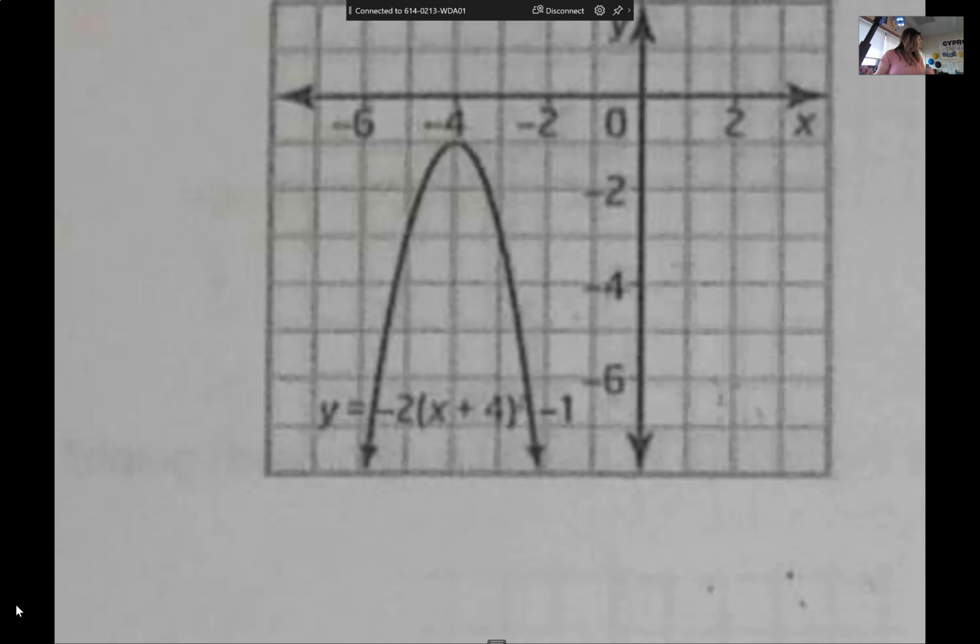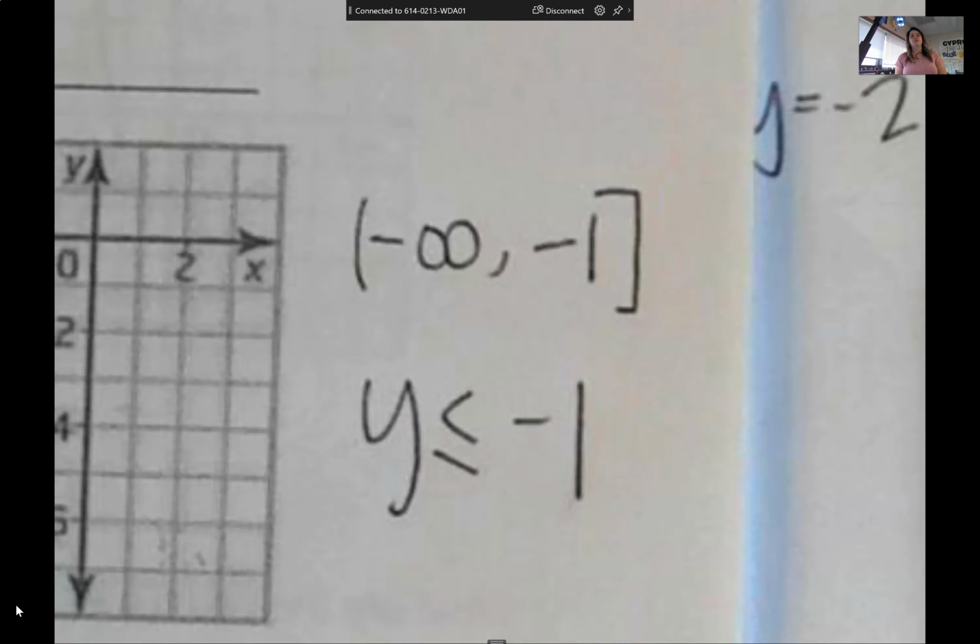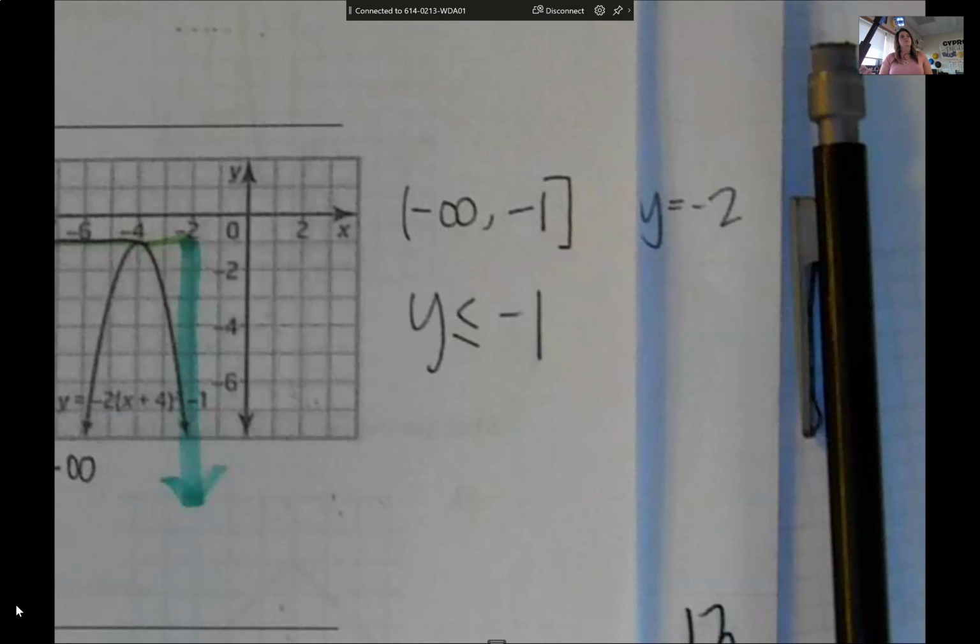Five. 3, 2. Okay, show me what you're thinking. Great. Check yours against mine.